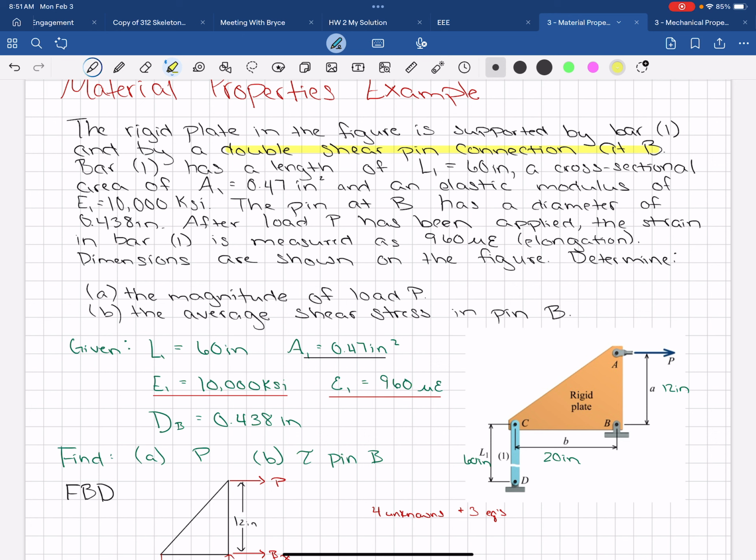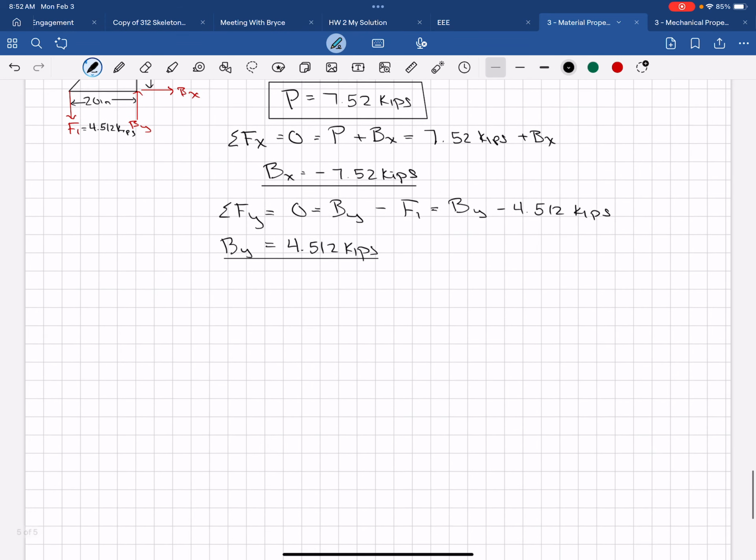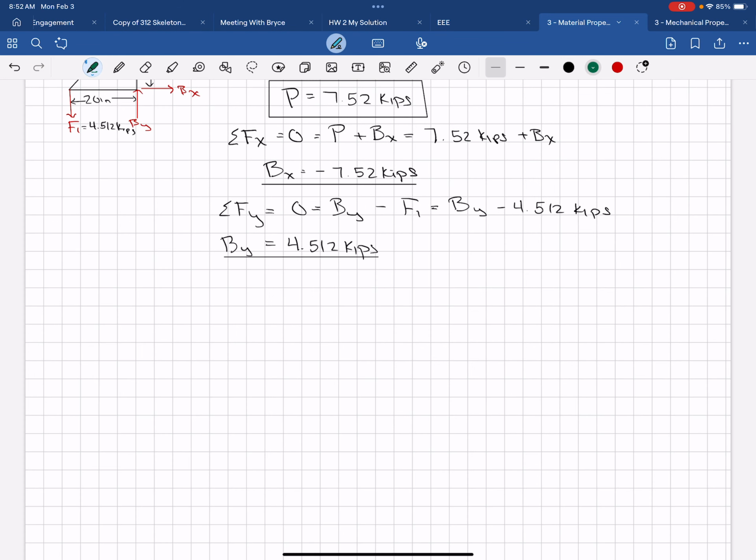Okay, so we need to calculate shear stress, which is tau equals shear force over the shear area of pin B. Okay, and it's in double shear.